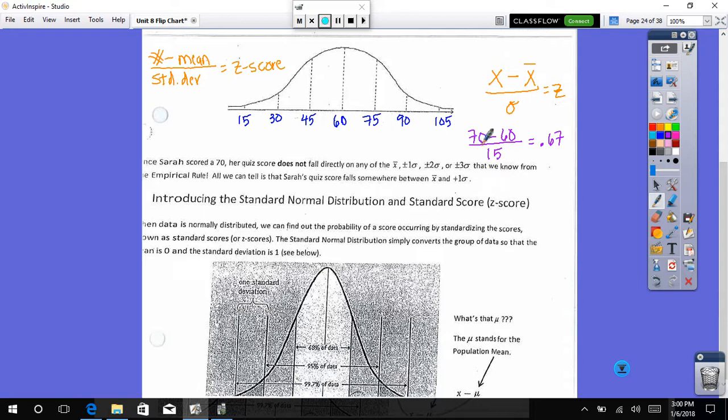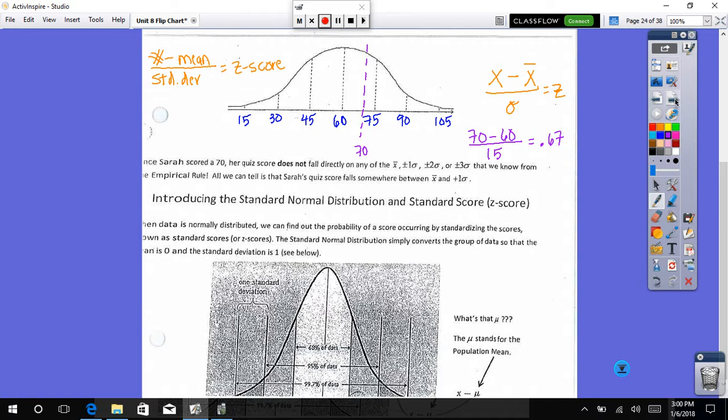Sarah scored a 70, so Sarah has to be between 0 and 1 standard deviation away from the mean, and we know she was exactly 0.67 standard deviations away. Just guesstimating, that would put Sarah's test score about right there. Again, total guesstimation, her score is going to fall right there.